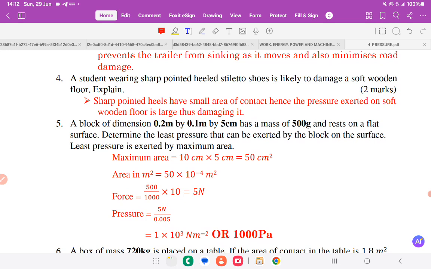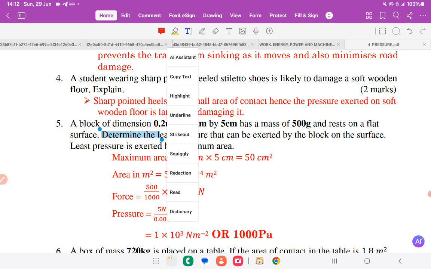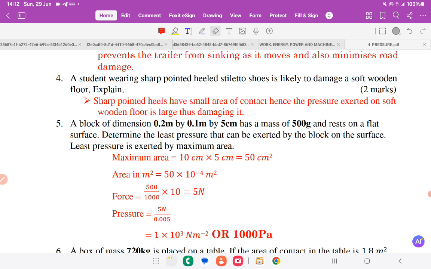Number 5. A block of dimensions 0.2 meters by 0.1 meters by 5 centimeters has a mass of 500 grams and rests on a flat surface.